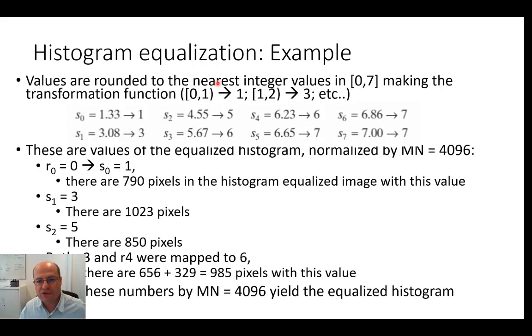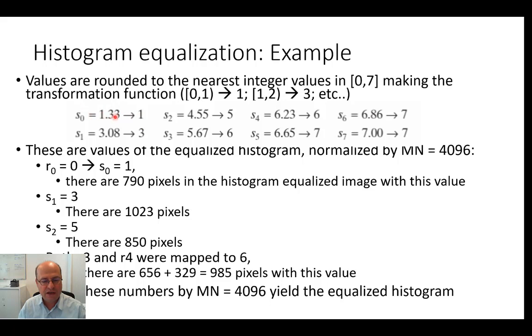Values are rounded to the nearest integer in the interval 0 to 7, making the transformation function, as we found in the cumulative distribution functions. Now, the transformation function S0 is related to pixel values R0.